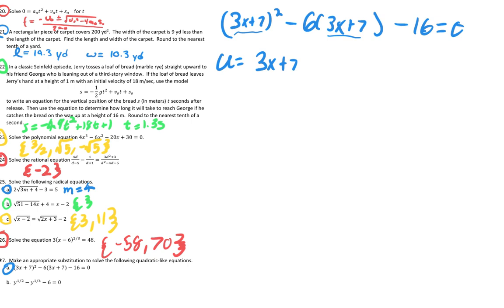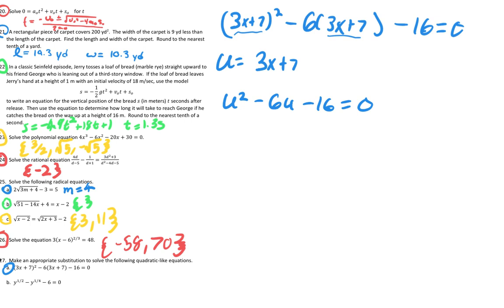When we substitute that in, we get u squared minus 6u minus 16 is equal to 0. Now you can use factoring, quadratic equation, or completing the square.